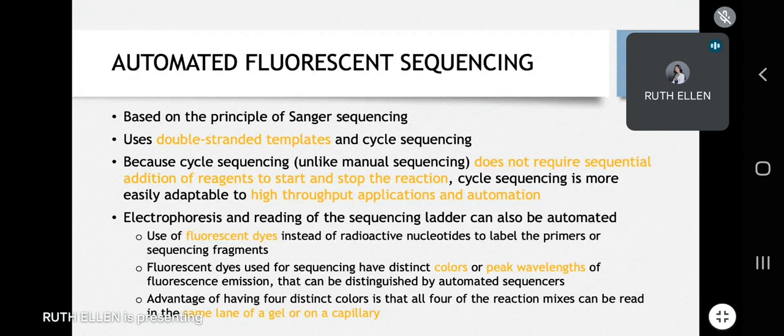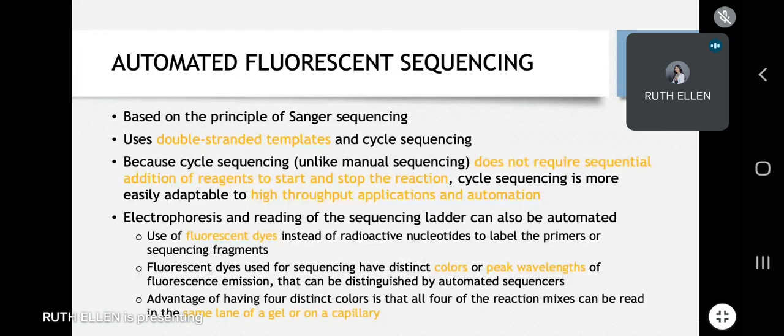So unlike kanina sa manual sequencing natin, nag-add tayo ng DNA polymerase to start the reaction. Then after 20 minutes, maglalagay tayo ng stop buffer. Okay? So for automated fluorescent sequencing, hindi na kailangan mag-add after 20 minutes.